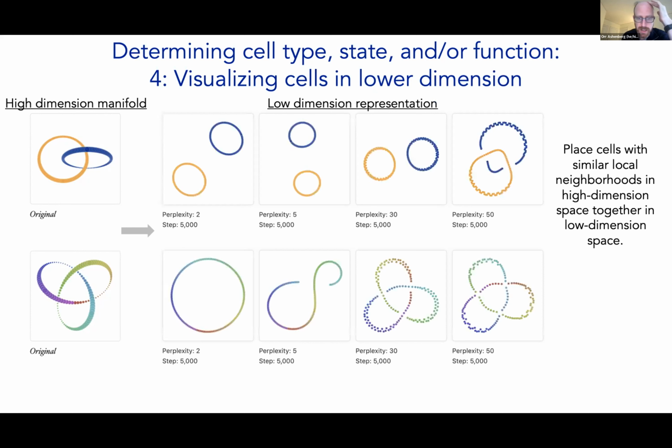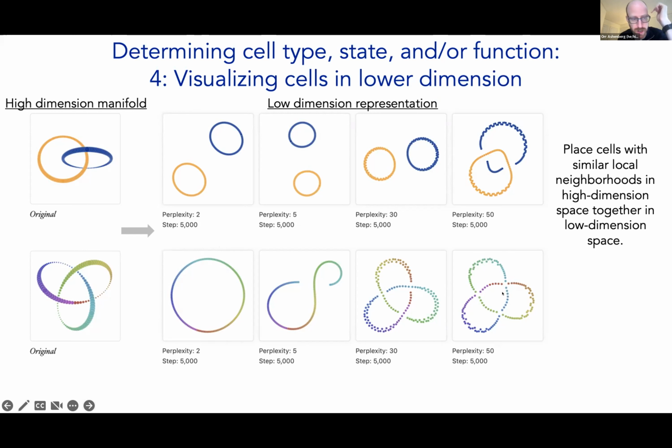So one of them is t-SNE. And here's an example of doing t-SNE and projecting this data into 2 dimensions. When you run t-SNE, it might give you 2 circles, or these interlocking circles, in 2 dimensions. Similarly, when you run it on a trefoil, sometimes you'll get this circle, or sometimes you'll get something that looks more like this.